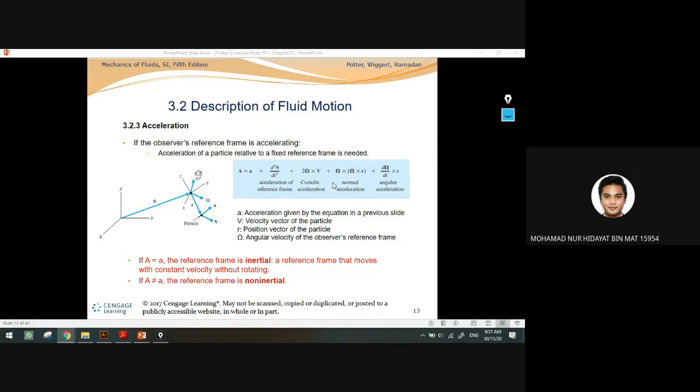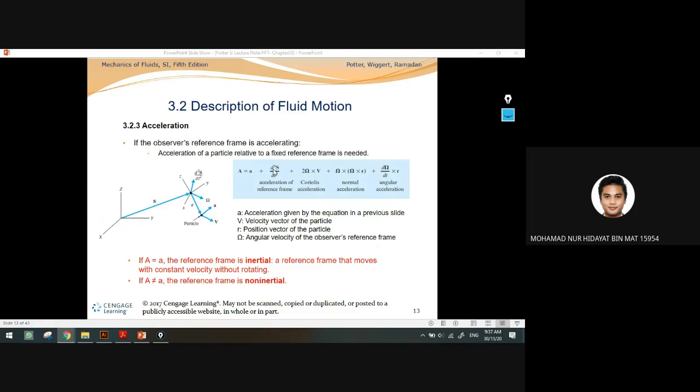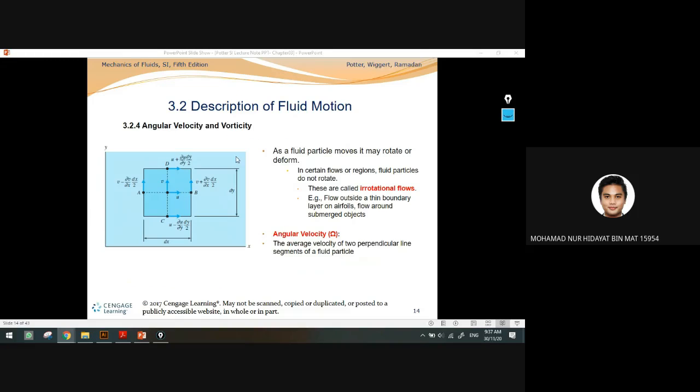Omega is the angular velocity, and this is the angular acceleration. Once you learn that if the reference frame is accelerating, then you need to understand angular velocity and acceleration. So next we go on to angular velocity and vorticity.